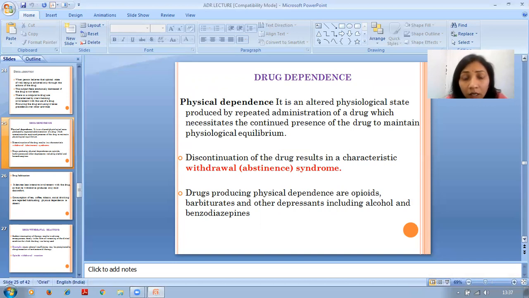The patient has to take the drug to maintain physiological equilibrium. If the patient does not get the drug, there is development of withdrawal symptoms. Drugs producing physical dependence are opioids, barbiturates, and other depressants like alcohol, benzodiazepines.